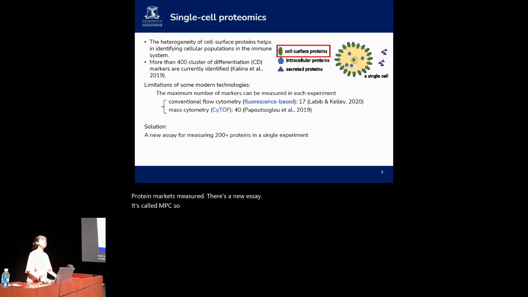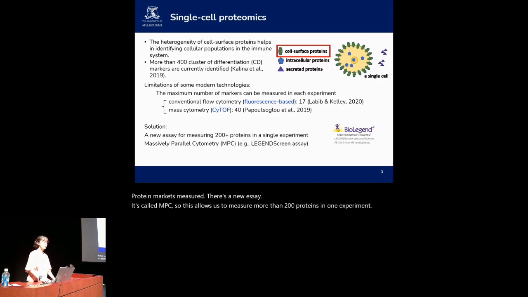This allows us to measure more than 200 proteins in one experiment. And there's one commercial brand. The assay is called LEGENDScreen Assay, and that is from BioLegend.